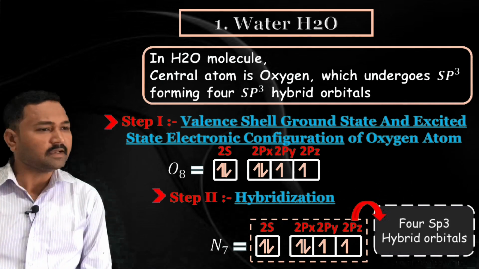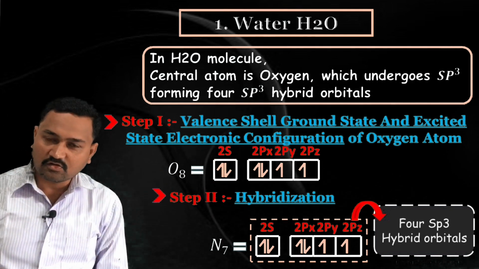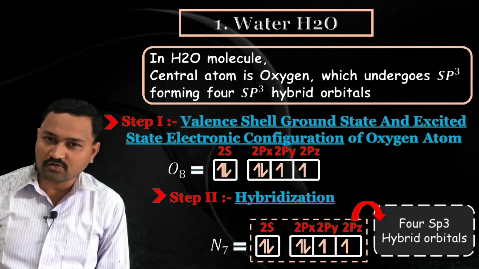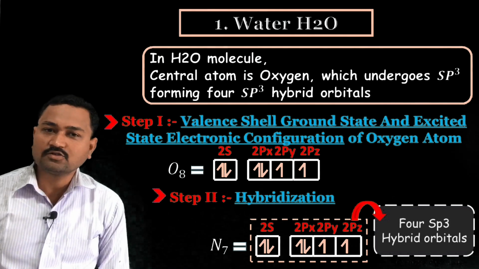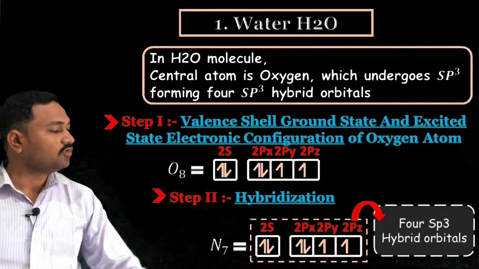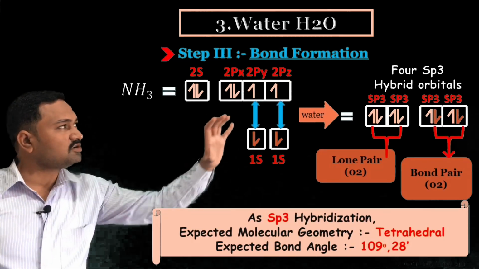In a similar manner, I have shown the different steps: the ground state electronic configuration for the central oxygen atom, then the excited state electronic configuration for the oxygen atom, and lastly the hybridization. In the hybridization process, you will see how the 4 hybrid orbitals are formed. Now the next important step is the bond formation step.